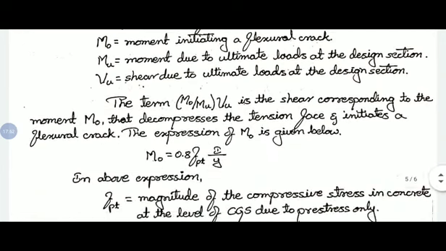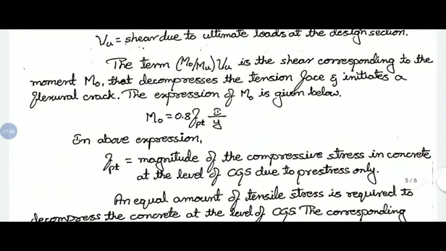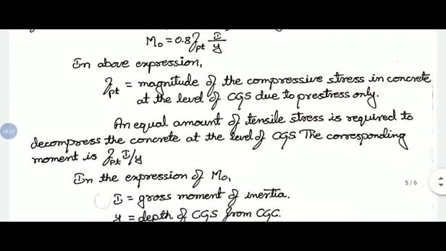The term M naught by Mu into Vu is the shear corresponding to the M naught that decompresses the tension force and initiates a flexural crack. The expression for M naught is given below. So it is 0.8 Ft into I by Y. Here Ft is the magnitude of the compressive stress in concrete at the level of CGC due to pre-stress only.